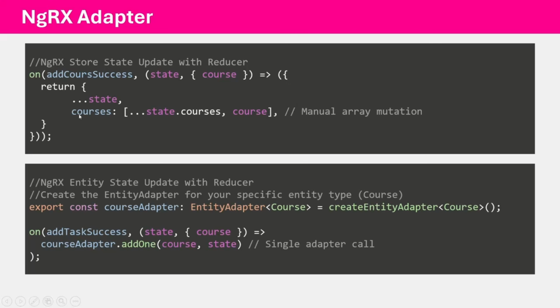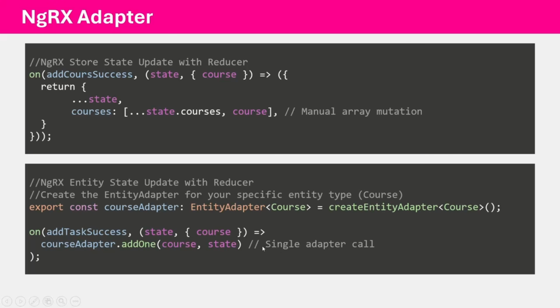So this logic we have written manually, but if we have to perform the same operation using entity adapter, all we have to do is use the addOne method, and to that we pass the entity which we want to add and the current state.